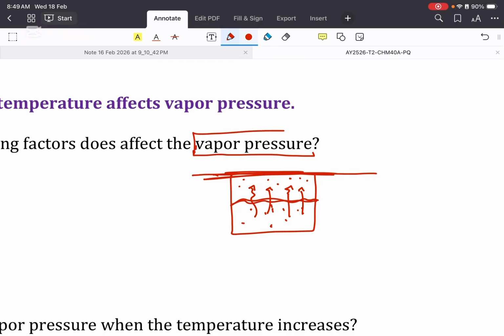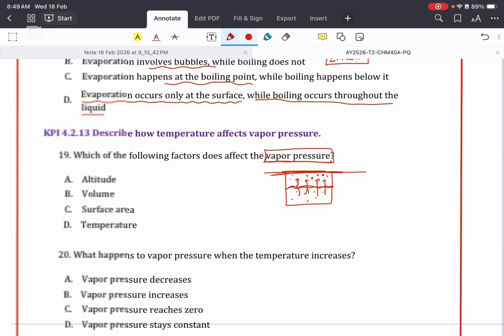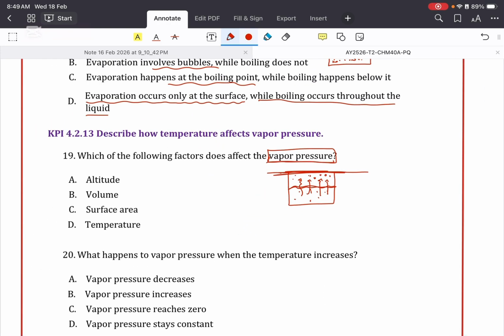That's what we call vapor pressure. It's the pressure caused by the vapor that was obtained from the boiling. So which factor affects the vapor pressure? It's only the temperature. If I increase the temperature, the vapor pressure is going to be more because there will be more particles of gas building on top of the surface, creating more pressure.